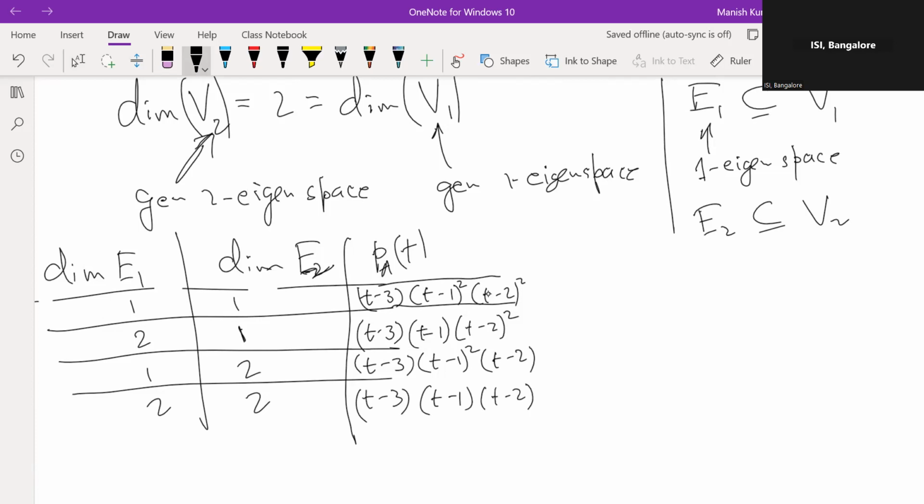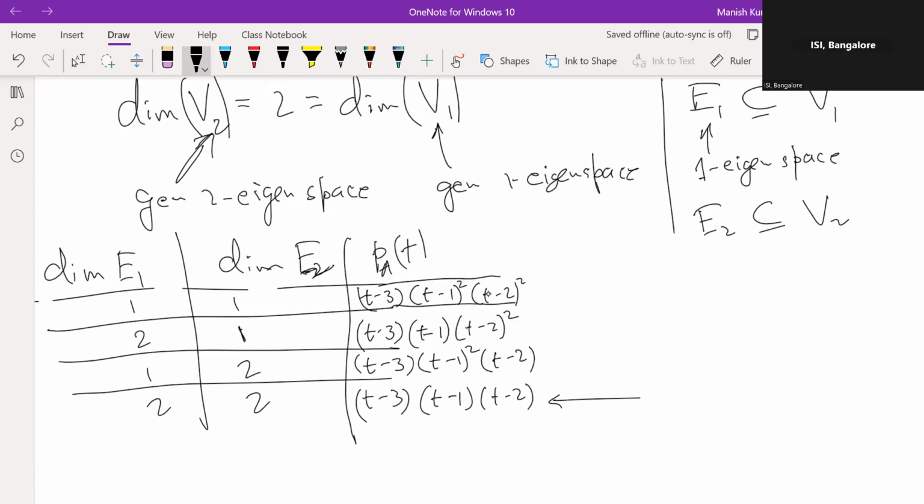Okay. So now how does the Jordan form look in these cases? Let's start with the last case. What will be the Jordan form in this case? Diagonal matrix. Yeah. Because you can also check by the dimension of the eigenspaces. It has a basis of eigenvectors.